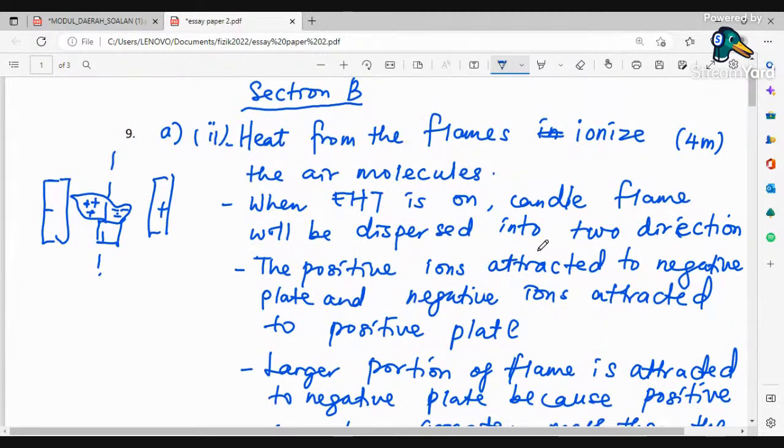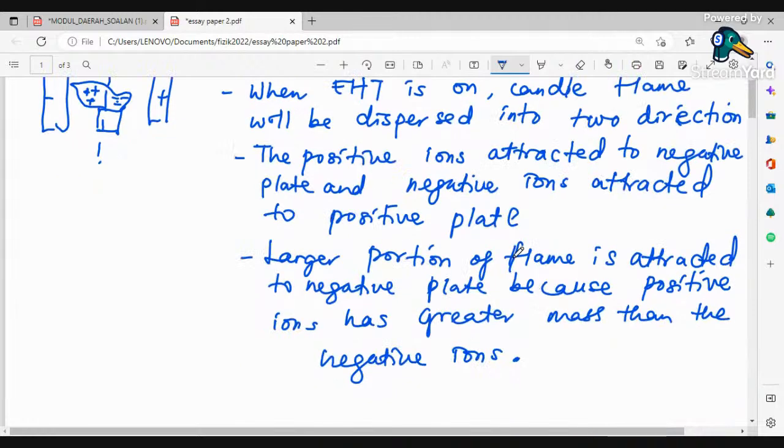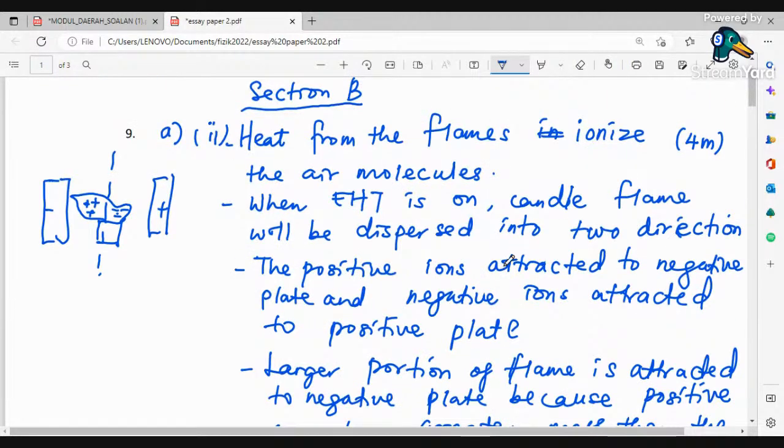So this is how you write, so that you have 4 points in order to get 4 marks.